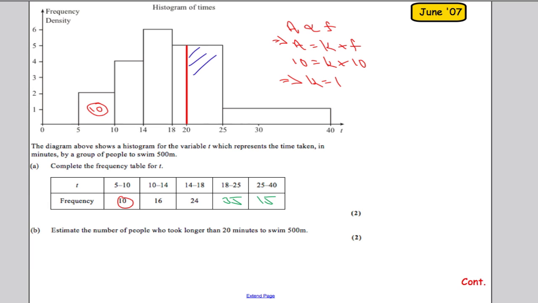I want to know the frequency for that section and the frequency for this section, and then add them together. The width of this bar is 5, the height is 5. 5 times 5 is 25. And we also know that this region here is 15, so 25 plus 15 gives us 40.